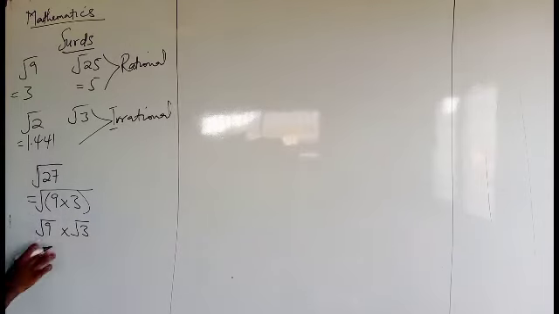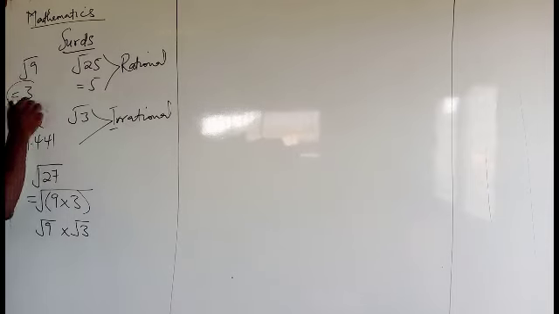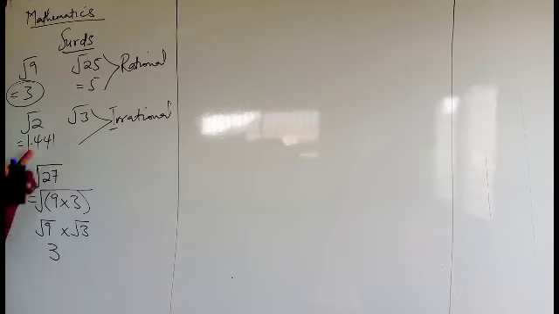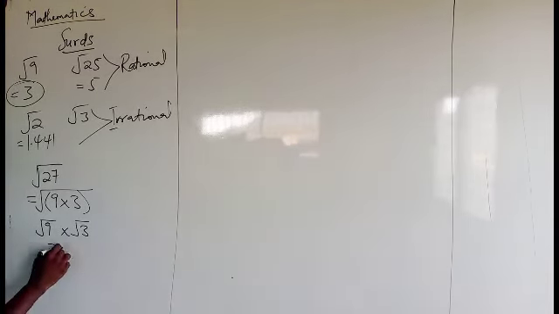Root 9, from the first example, we saw the answer is 3. But with root 3, we are not going to get the exact value, so we leave root 3 like this. So the answer for root 27 in surds is 3 root 3.